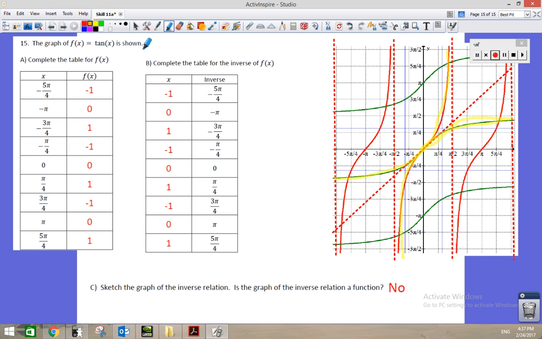So if I look at this guy, its reflection is over here, and if I look at this one over here, it's crossing, this is in my way. It's this one right here.